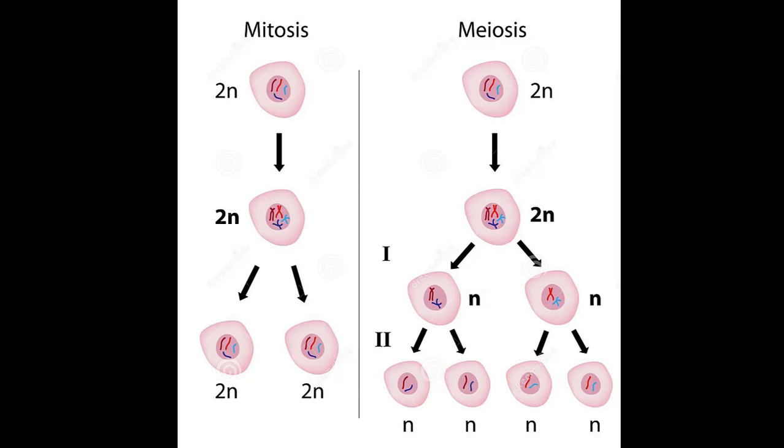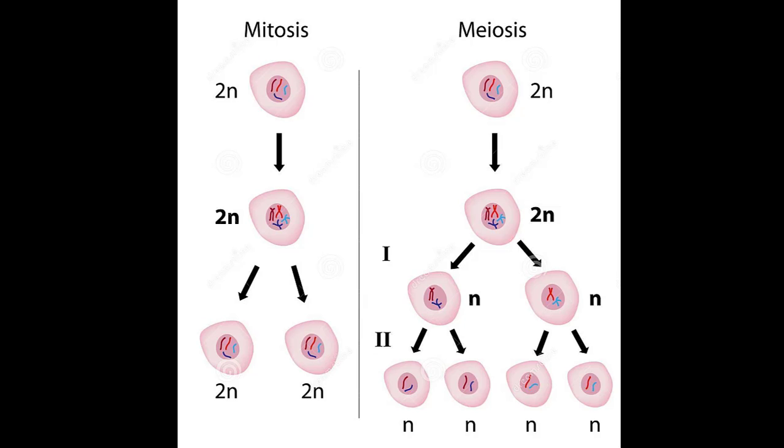Let's summarize. There are two types of cell division: mitosis and meiosis. Mitosis is the process when one diploid cell, 2N, we symbolize it, divides and forms two identical diploid cells, 2N, and the newly formed cells are known as daughter cells.